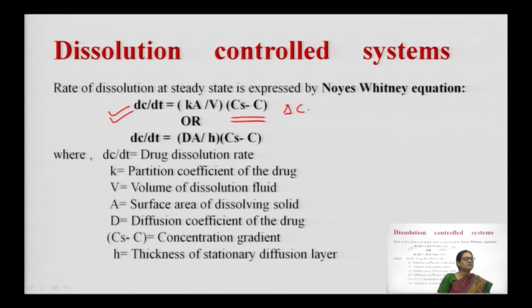Again, the agitation serves that purpose only. It removes the stationary diffusion layer. The agitation in the liquid keeps the thickness of the stationary diffusion layer to a minimum. Then Cs − C is the concentration gradient again, and it exhibits direct proportionality to the concentration gradient.